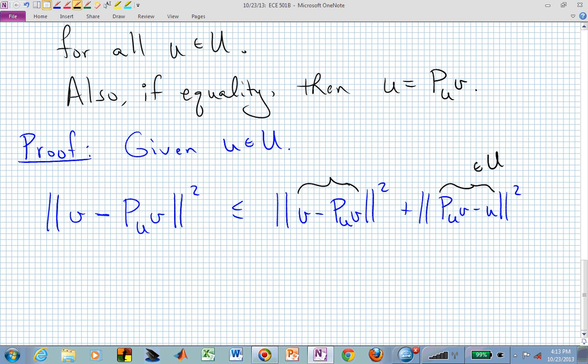Didn't we define the orthogonal complement, or the perpendicular to U? So this vector is in U perp. Those two vectors are now orthogonal to each other.